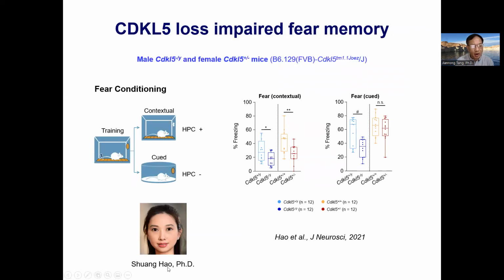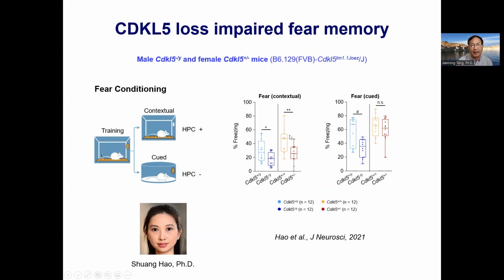So a postdoc in the lab, Xuan Hao, first performed the fear conditioning experiments. She trained the mice with tone and foot shock, then tested the hippocampus-dependent contextual fear memory and the hippocampus-independent cued fear memory. Here I organize the data side by side.